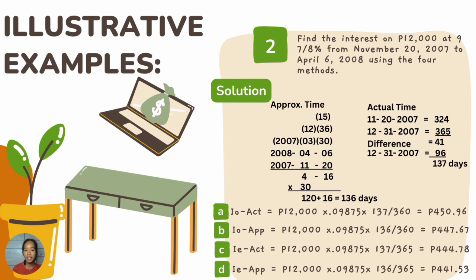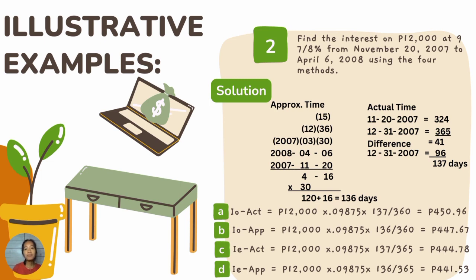Then 2007 minus 2007 is 0. We multiply 4 by 30. 4 times 30 equals 120, and we add 16. 120 plus 16 equals 136 days.